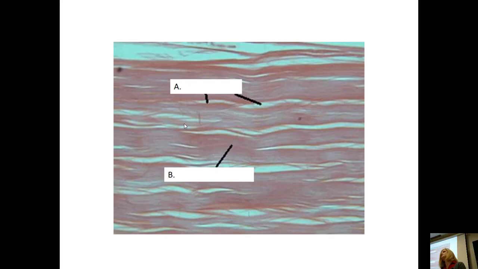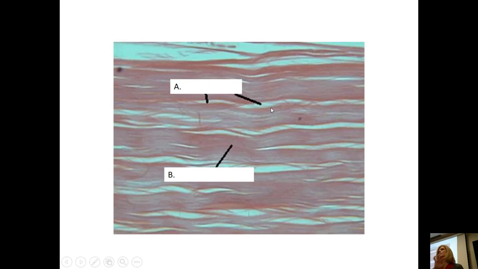So here's another tissue that's part of the skeletal system because it attaches bone to bone and muscle to bone. What is this tissue? Yeah, dense regular collagenous, or another name for it? Fibrous. So letter A is pointing to the nuclei. They didn't stain well in this slide, but these would be fibroblasts. So you need to know fibroblasts.